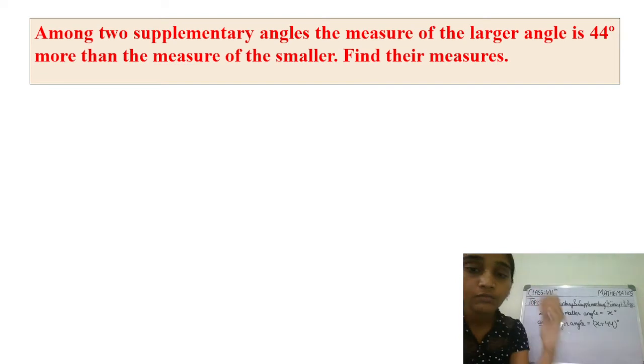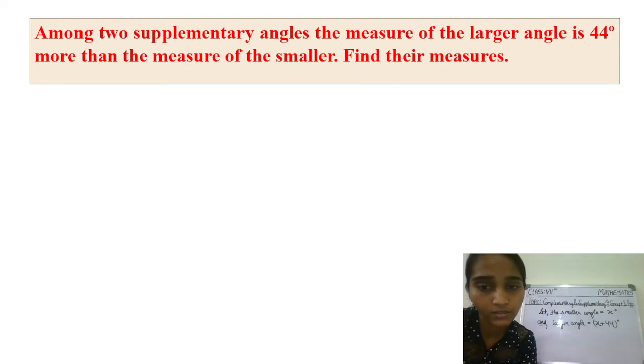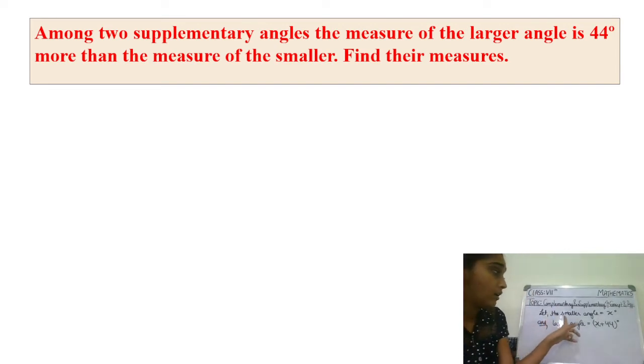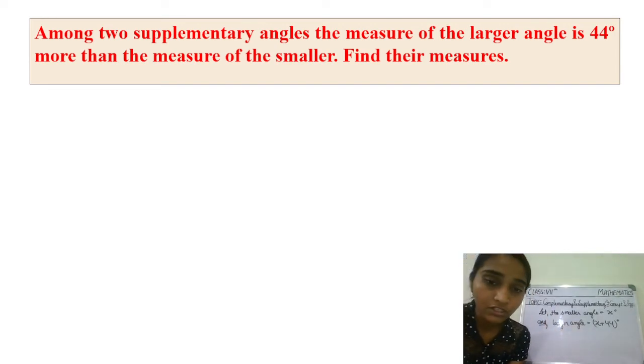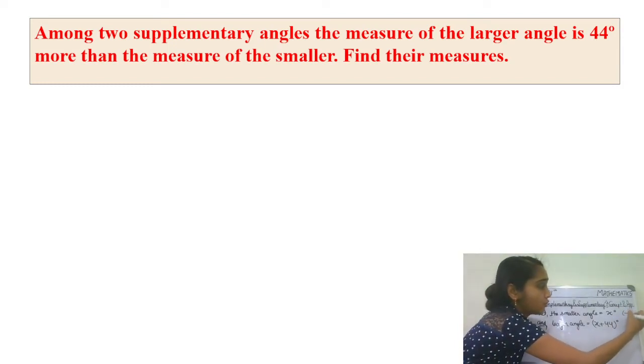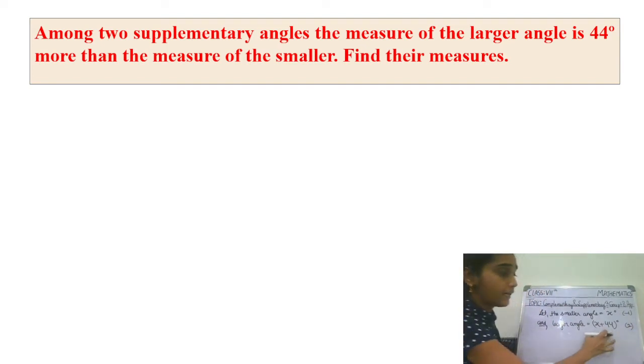So students, what other information is given apart from the smaller and larger angle? They say these two angles are supplementary angles. What can we say about supplementary angles? Those angles whose sum is 180 degrees. So here we add the larger and the smaller angle and equate their sum to 180 degrees.